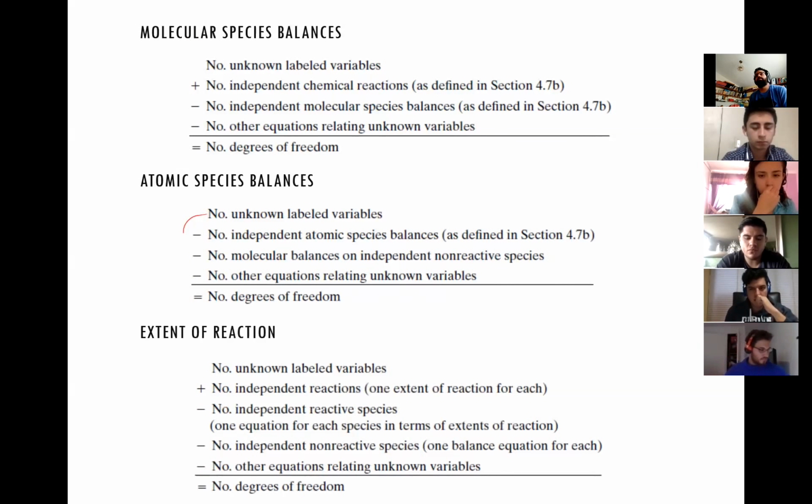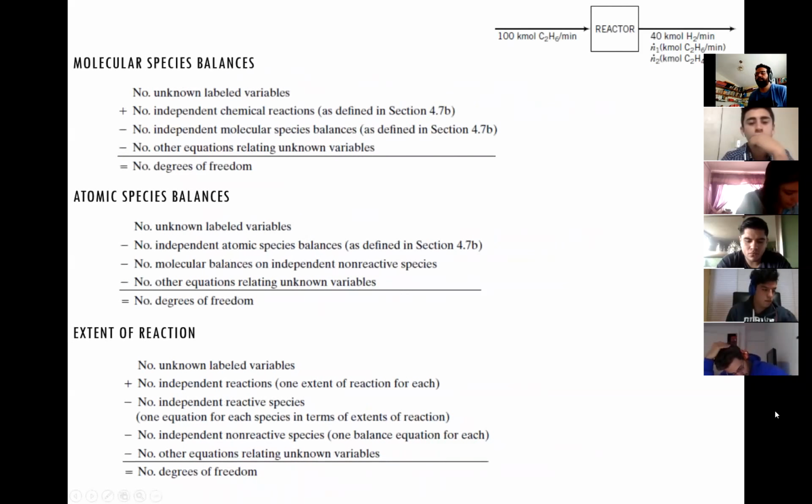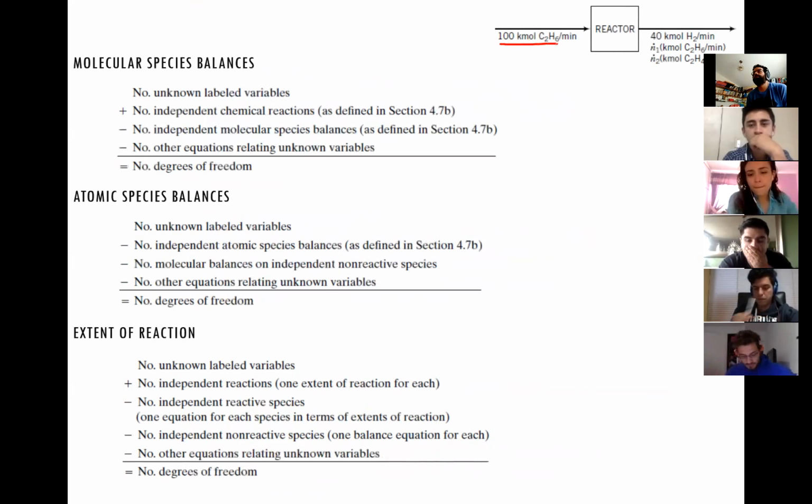Okay, so now we're going to do a quick example, okay? In this reactor over here, we have a reaction that goes C2H6, right? So I'm going to write down the chemical equation, C2H6, right?